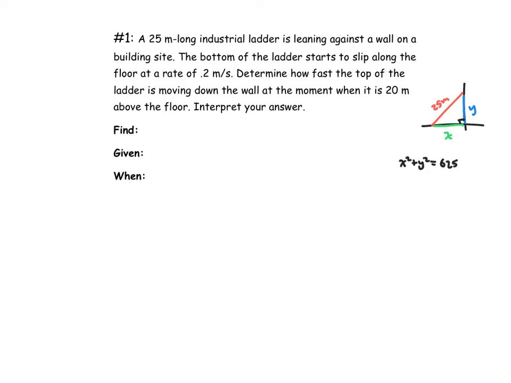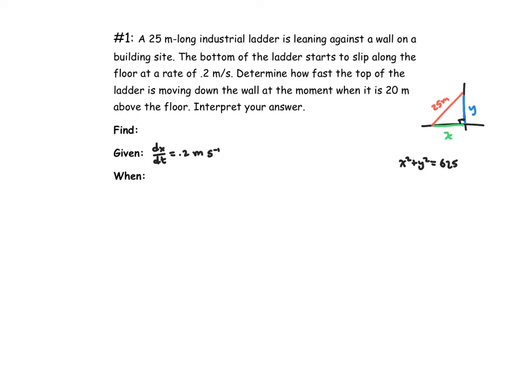Let's continue reading. The bottom of the ladder starts to slip along the floor at a rate of 0.2 meters per second. So that's what's given: dx/dt is 0.2 meters per second. Determine how fast the top of the ladder is moving down the wall at the moment when it is 20 meters above the floor.